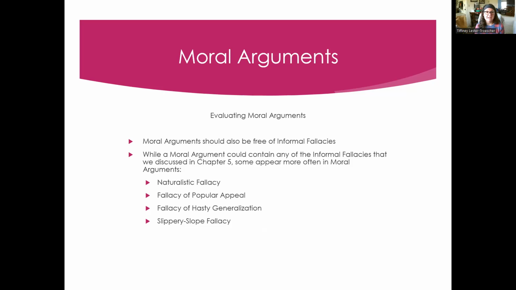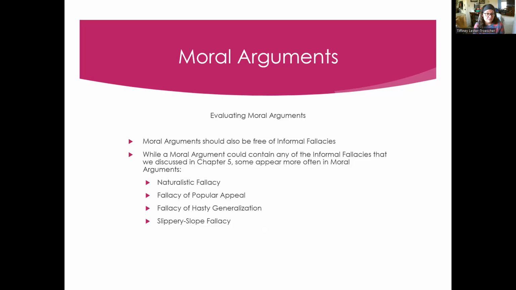Or just the opposite. I could have a student writing on a topic that I completely disagree with, but if they make a strong argument, void of fallacy, that's a strong argument. Doesn't matter if I disagree with it or not. I can recognize that it's a strong argument.